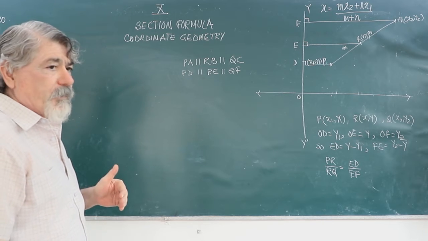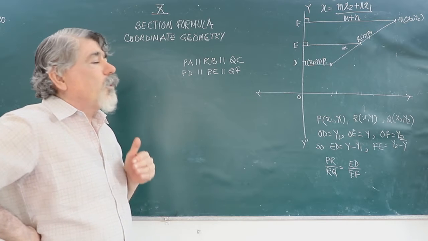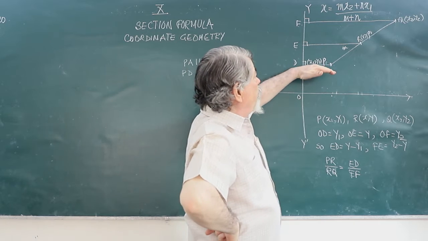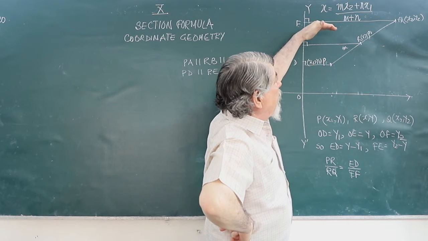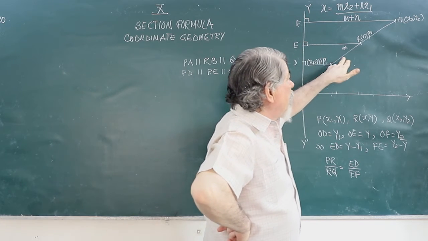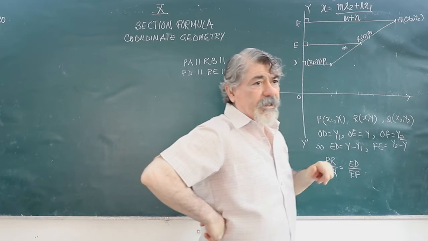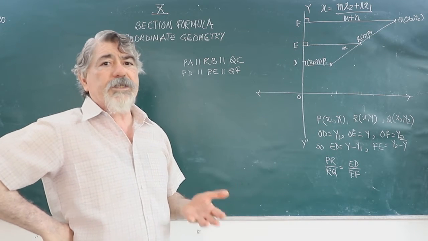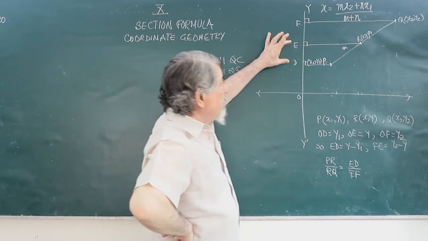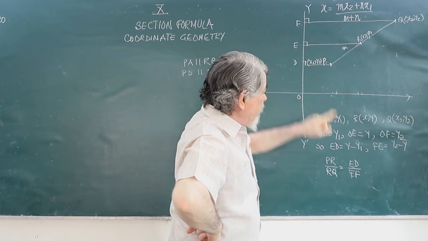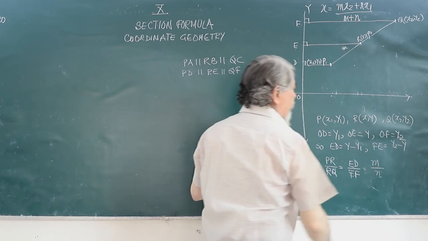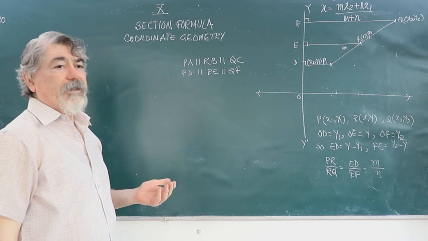Again the same principle is applied: if two or more parallel lines, here PD, RE and QF, are cut by a transversal PQ in the ratio m to n, then any other transversal will also cut intercepts in the same ratio. That means ED upon EF will also be m to n. Based on this, we will calculate the y-coordinate.